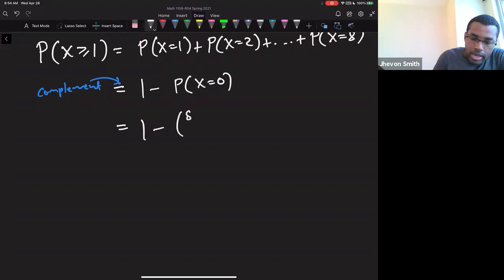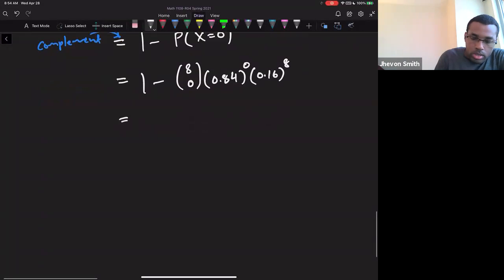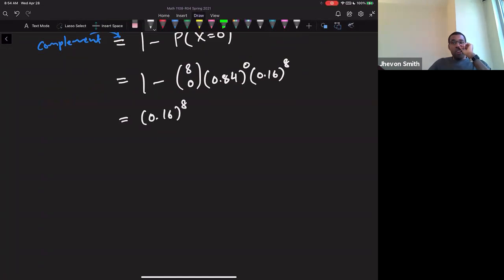This is 8 choose 0, p to the 0, q to the n minus 0. Of course, that's just going to be 0.16 to the 8, which means you just have 8 failures in a row, and they're all independent. So you just multiply the probabilities. Sorry, 1 minus that.